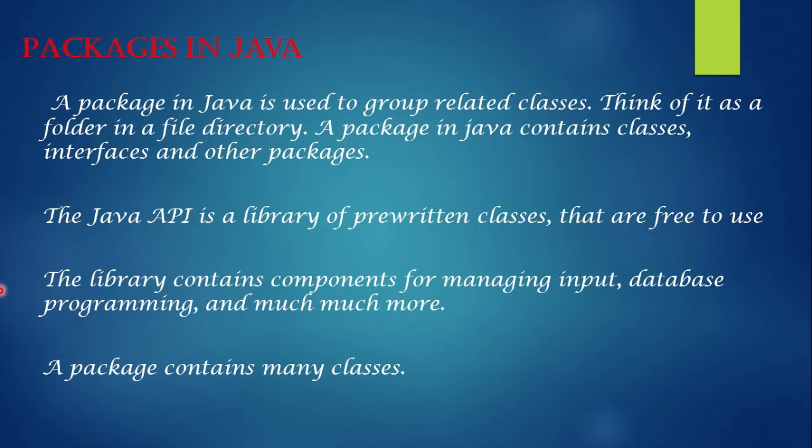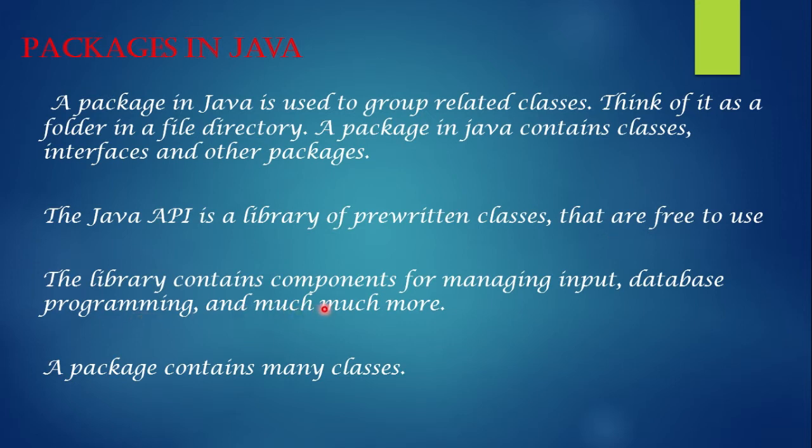This is another term, API, Application Program Interface, is a library of pre-written classes. Pre-written means it's already compiled and made available by the developers of Java. We are free to use a lot of methods which are available in the library.